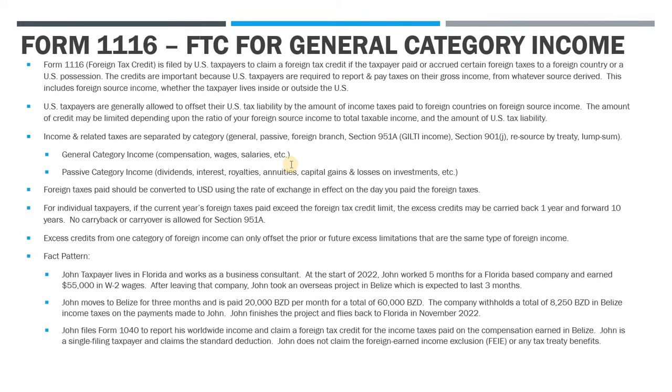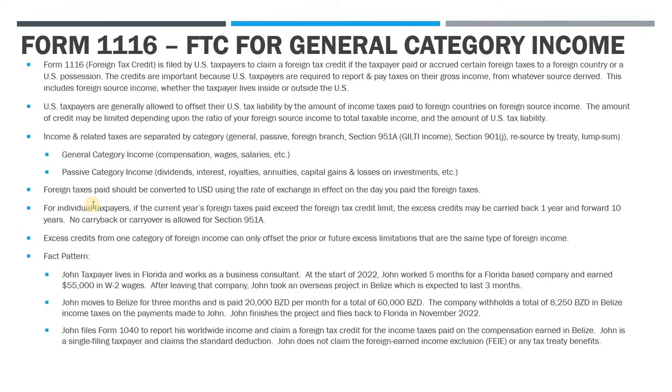And you can't use taxes from one category in another basket. So in other words, if you have foreign taxes paid on compensation, which is part of the general category income, you can't use those taxes to offset tax liabilities in other buckets like for dividends or interest, okay? They've got to be separately tracked in each one. And if we have foreign tax credit carryovers, they carry over to the same basket, okay?